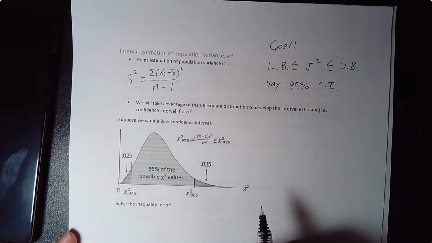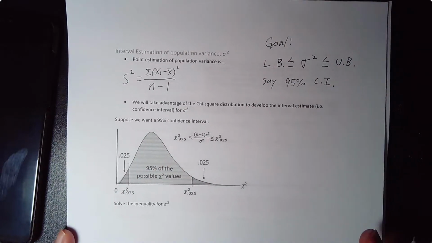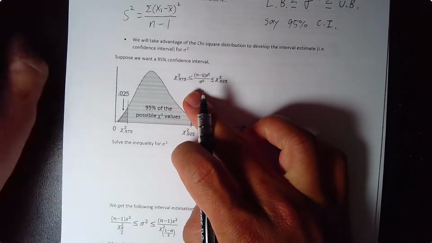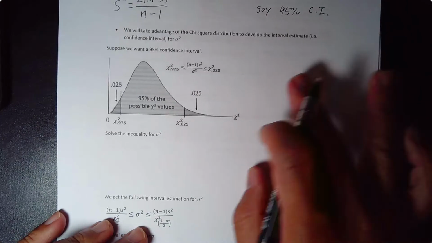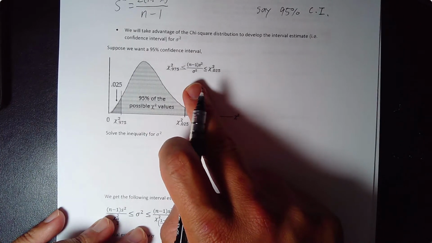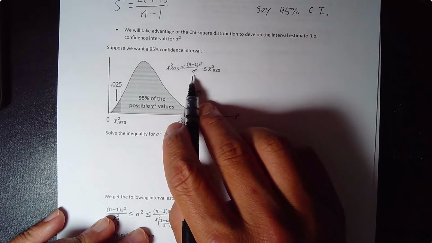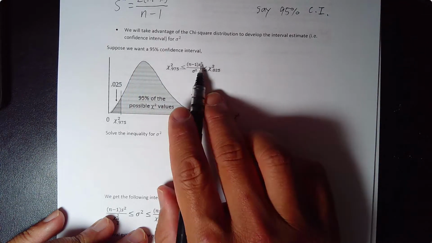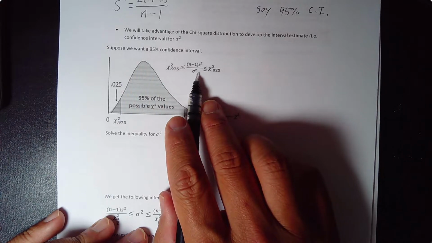To do this, we're going to take advantage of the facts that we have learned, or were given, in our first two pages. We know that this term here has a chi-square distribution.